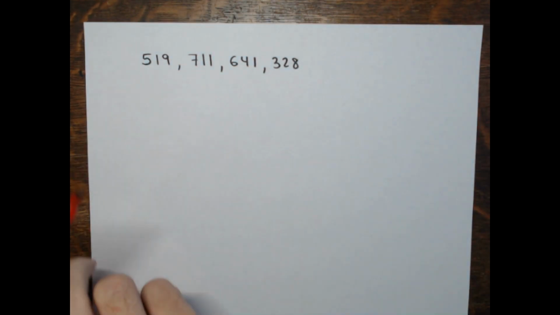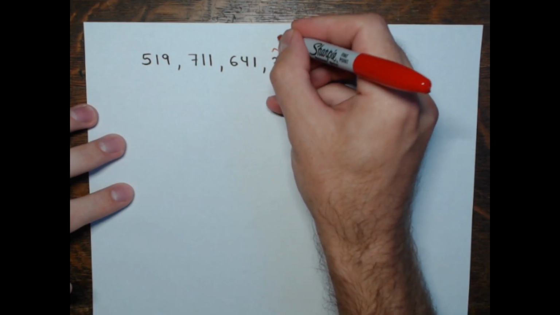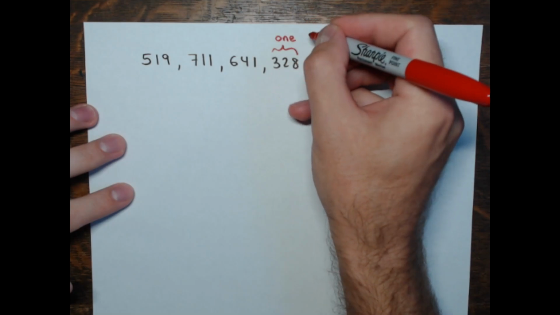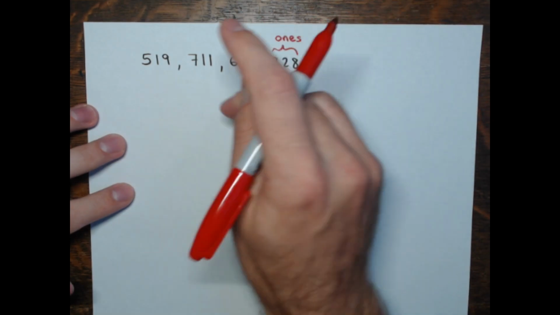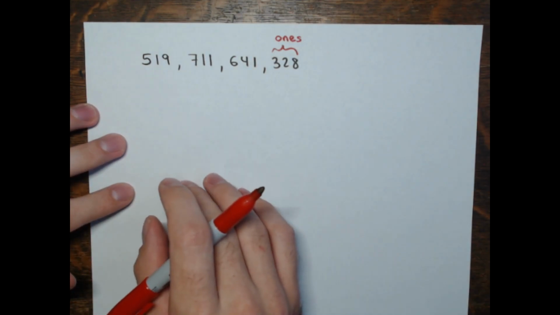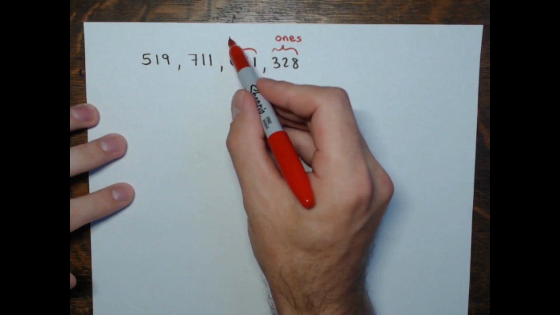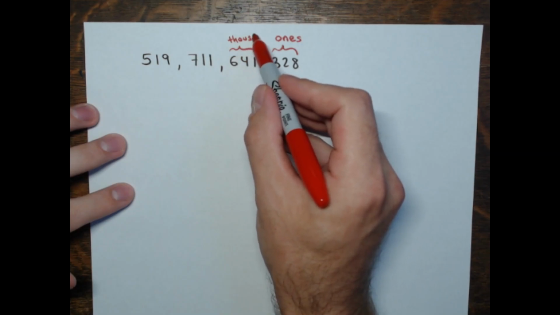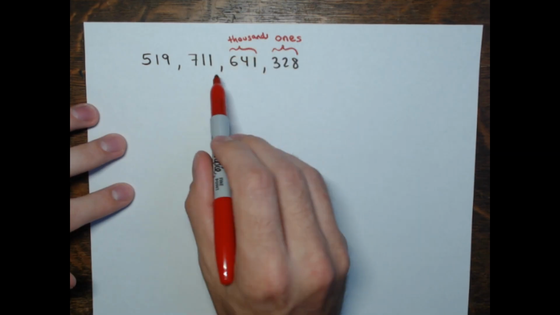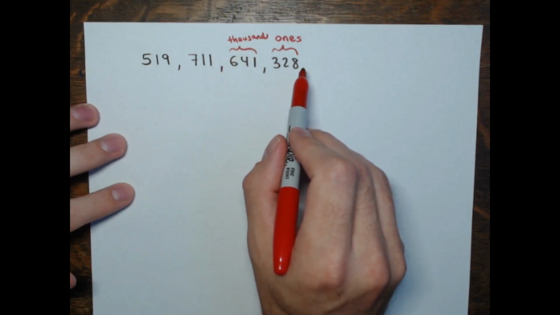So again, the period names. This far right period are the ones. So this is going to end with the words 328. Then the next 3 are the thousands. So we have 641,328.